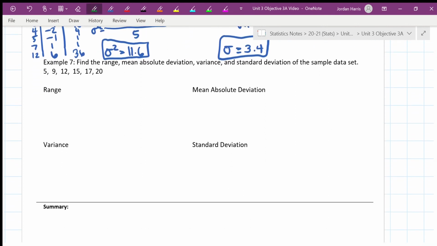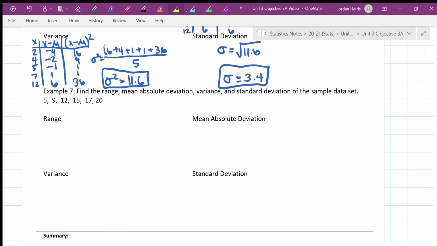Okay, last one. We have a few more data points this time, and we have a sample this time. That's important. So x bar, my sample mean, I'll find that real quick.